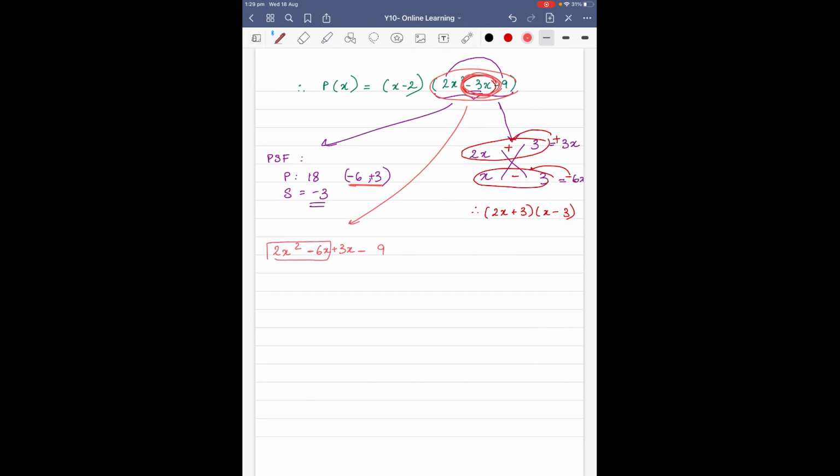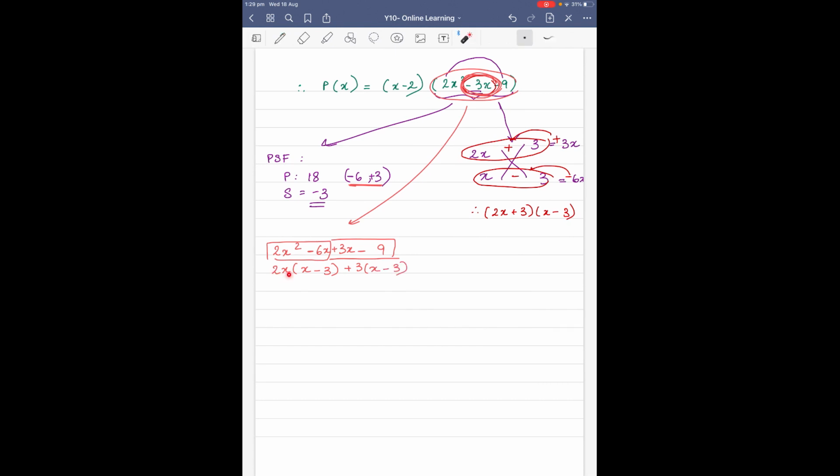Then you can start factorizing. So split them into two groups. The first one has a common factor of 2x. So you have left x minus 3. The second group here, you can factorize the number 3 out. So you can factorize positive 3. When you take out 3, you get x minus 3.